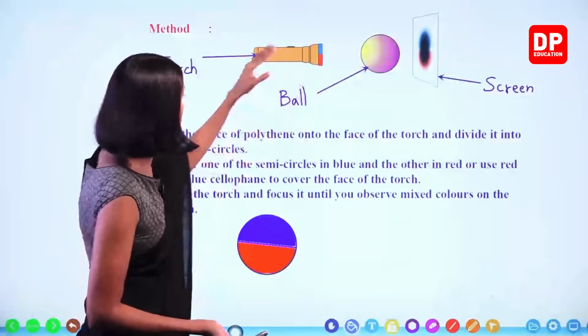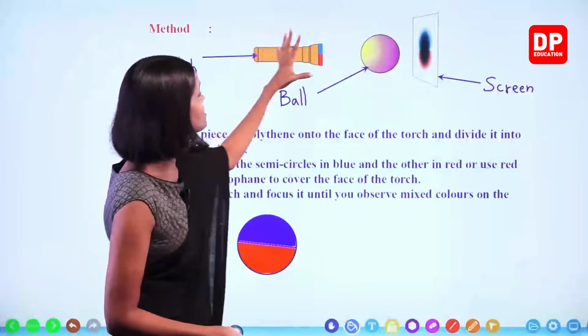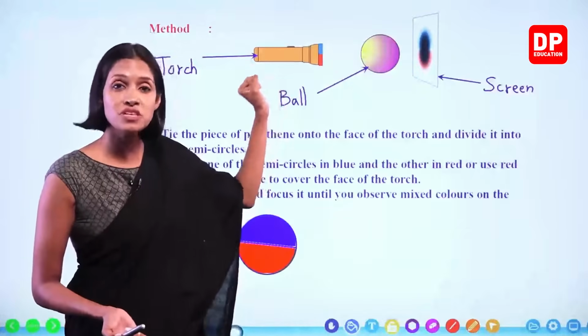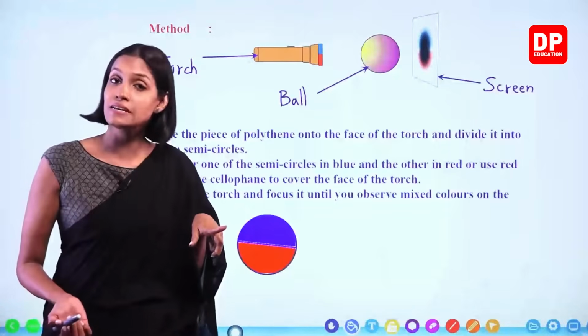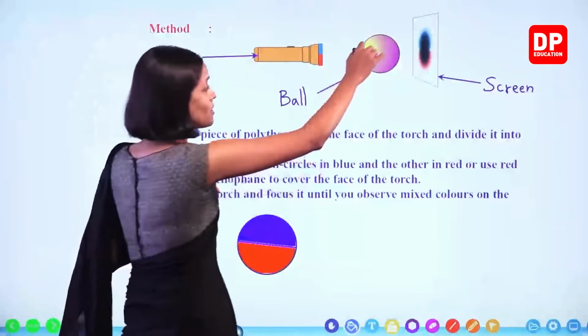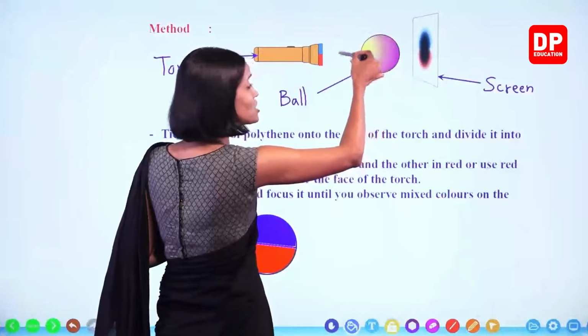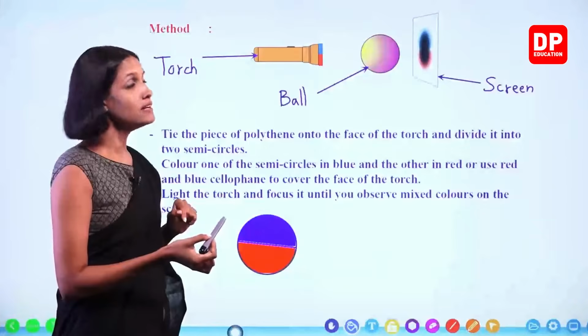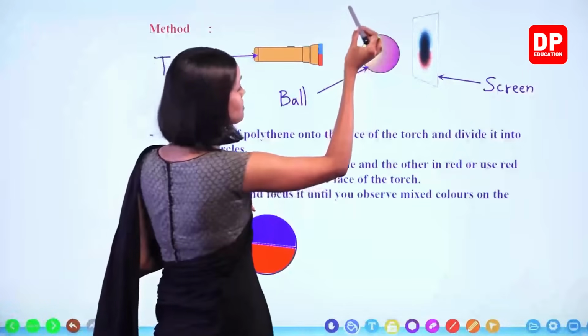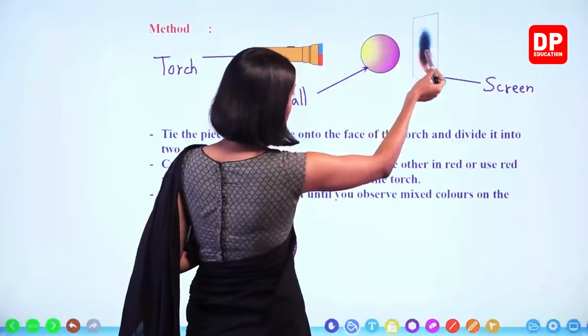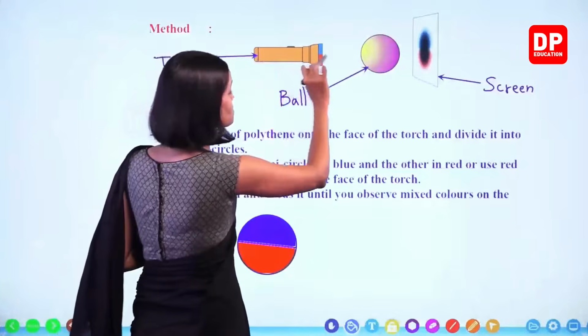So in this case, you have to bring the torch closer to the ball. Then only you can observe the penumbra. Because I earlier explained, penumbra is formed because the light rays escape through the edges of the object. So if you want to observe the penumbra, you have to bring the torch closer to the ball.